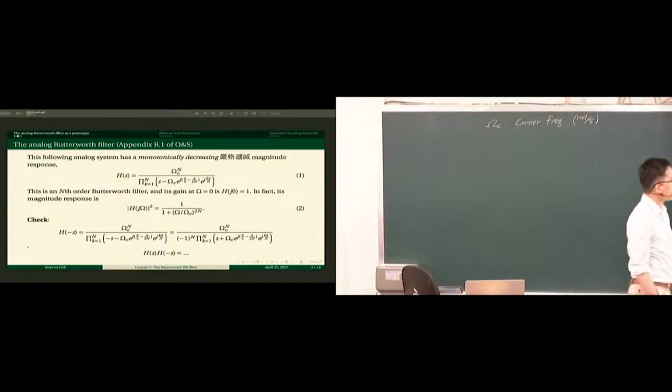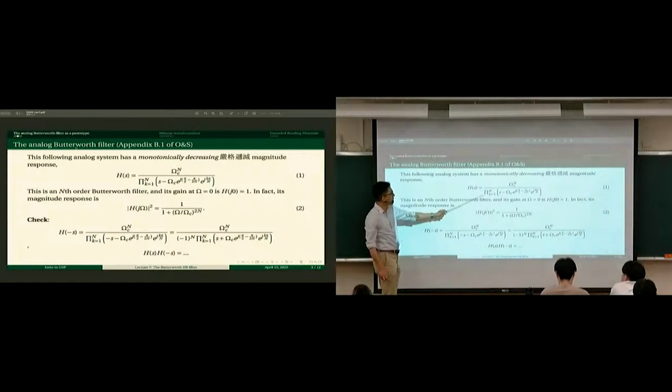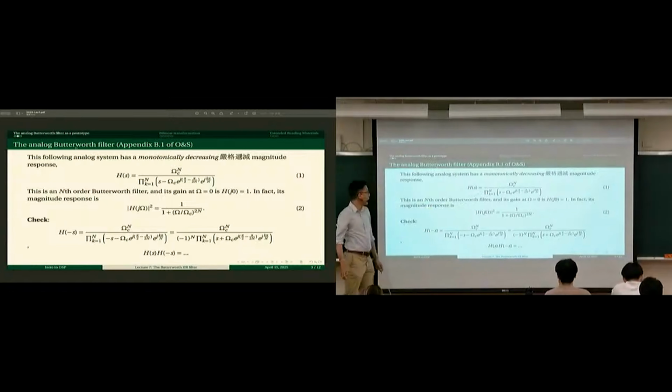That's on top. At the bottom, we have a factorization, which goes as a product, from 1 to big N, with big N being the order of the filter.